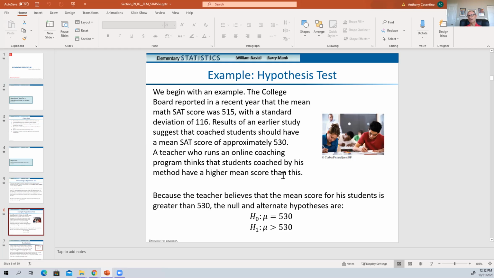Again, the null is kind of nice, it's always equal. So in this case, what we want to do is reject the null hypothesis, because obviously if you're running this coaching, you want to say, hey, I do better than the mean, right? So how do we set this up? Well, here's the idea.